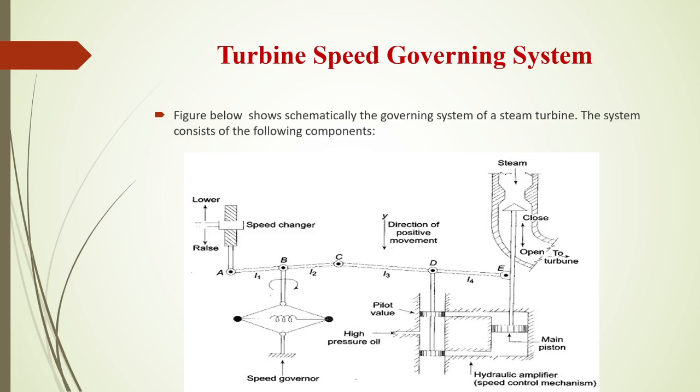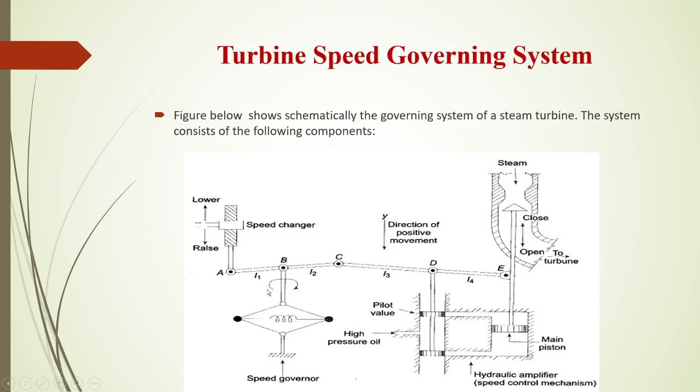This is a schematic diagram of a governing system of a steam turbine. There are four main components of this system. The first one is the speed governor, more specifically a fly ball speed governor. The second one is the hydraulic amplifier, which is a speed control mechanism.